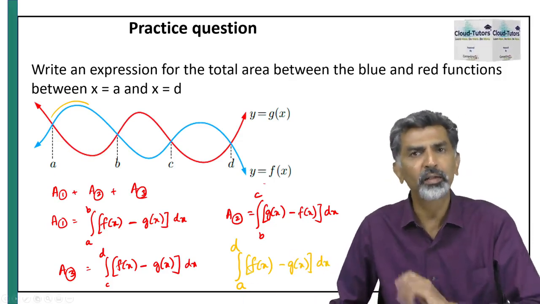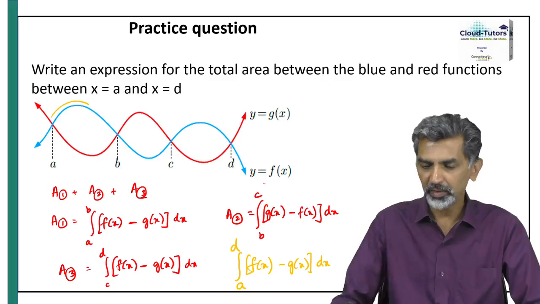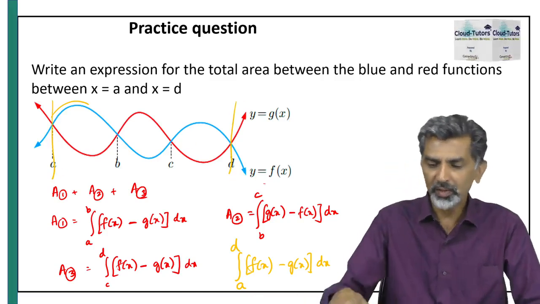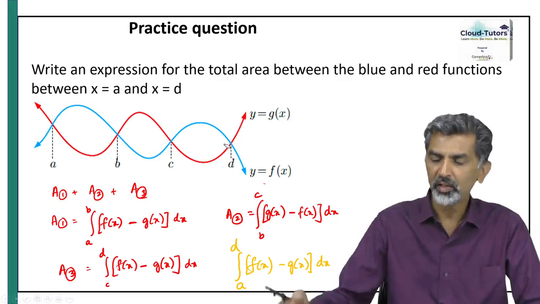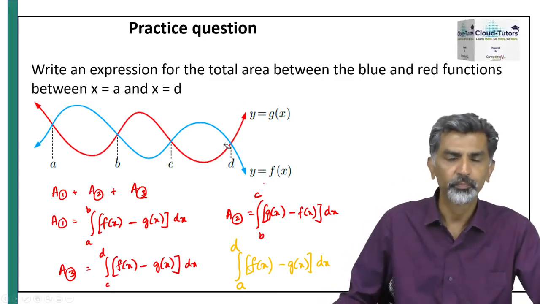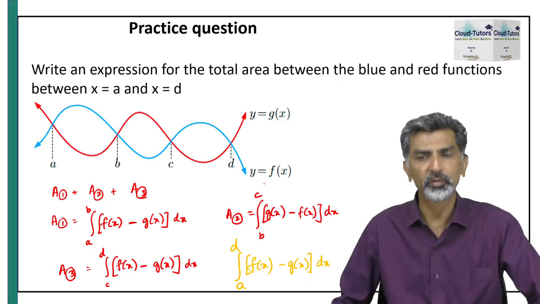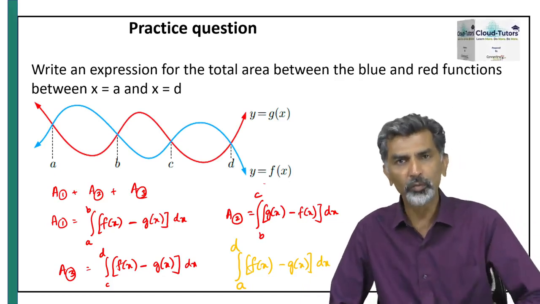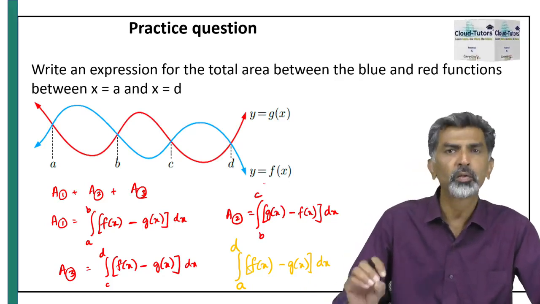Why did I not write it like this, integrate it from here to here in one shot? Why did I have to break it up into three different integrals or three different regions? Why am I worried about what is the upper curve and what is the lower curve in each part of the answer?